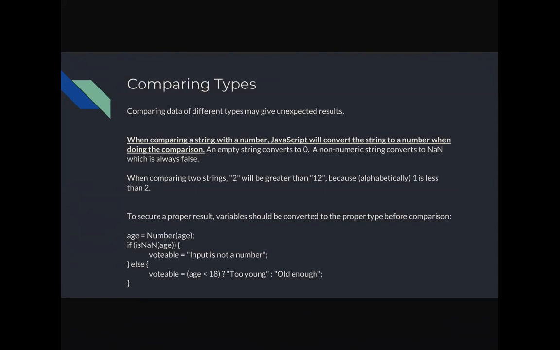But something interesting that often gives unexpected results is comparing types, because of this situation with JavaScript types. For example, when comparing a string with a number, JavaScript will convert the string to a number to do the comparison. So we have to be very careful when comparing types in JavaScript.